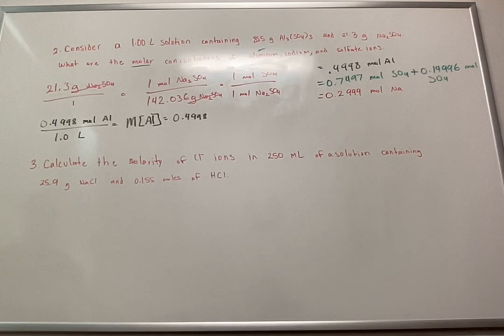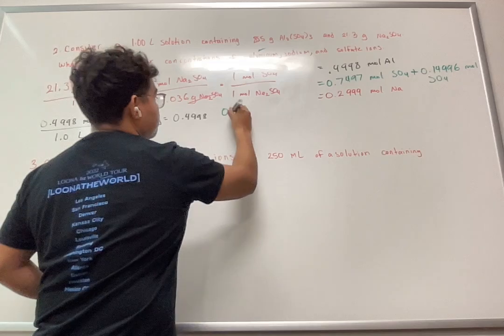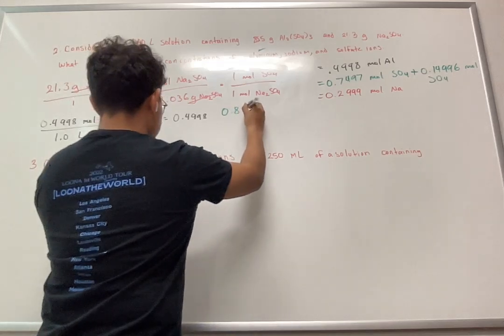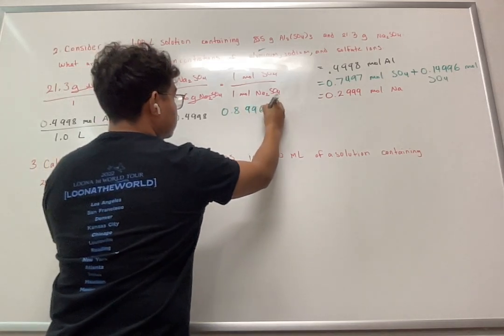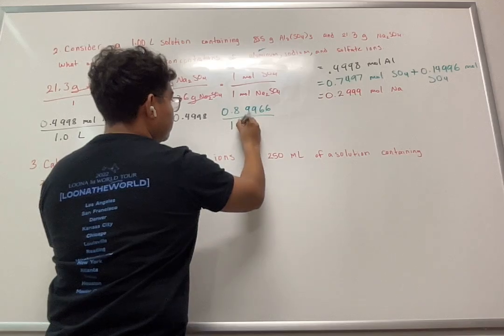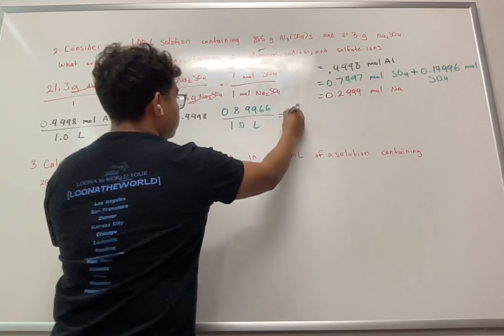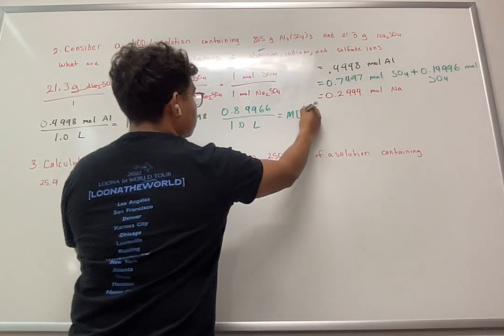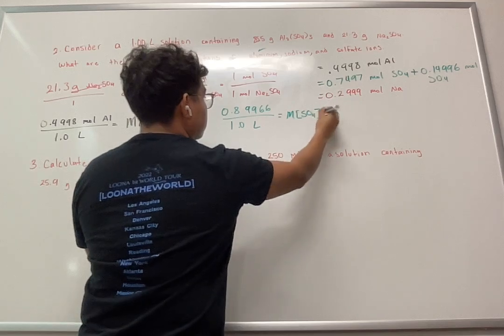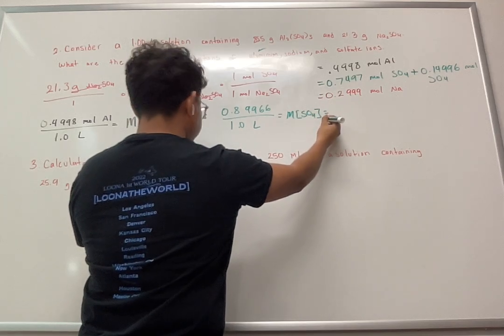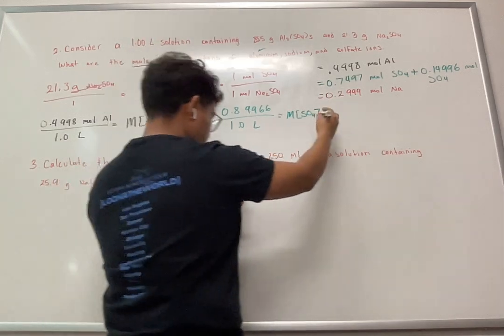Add those up together and we've got 0.89966. So 0.89966 over 1 liter equals SO4, 0.89966.